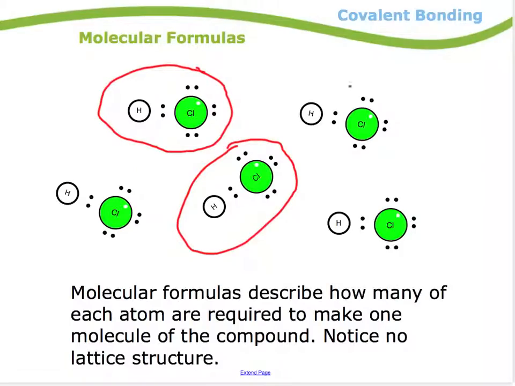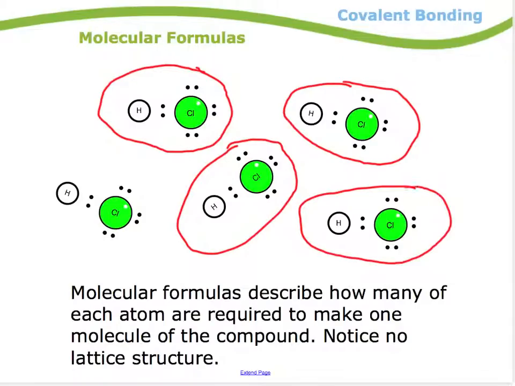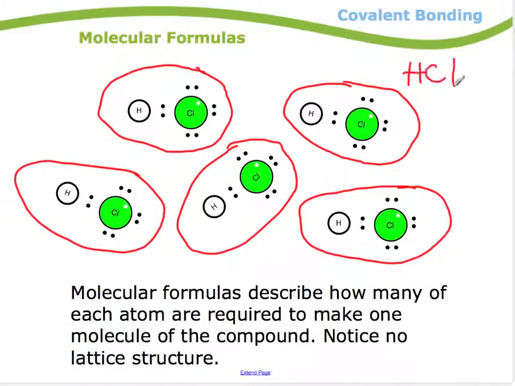There may be slight attractions that we'll talk about in intermolecular forces between them, but typically they are their own molecules. So when we're writing a molecular formula for hydrogen chloride, it's not an empirical one, it's actually a molecular formula. For hydrogen chloride, then, it would be HCl, 1 hydrogen for every 1 chlorine.